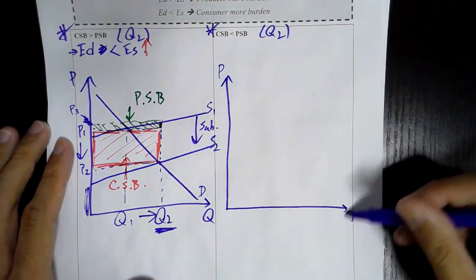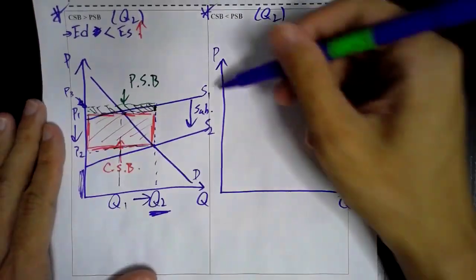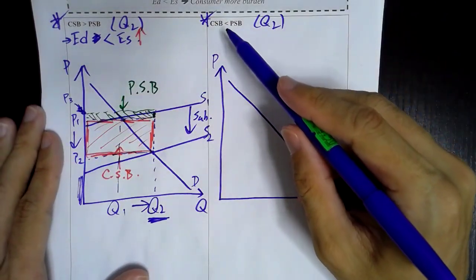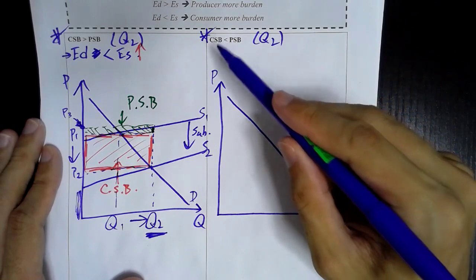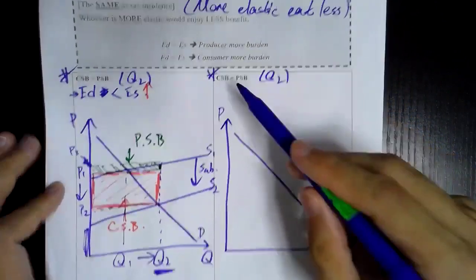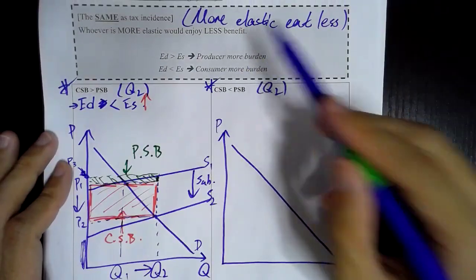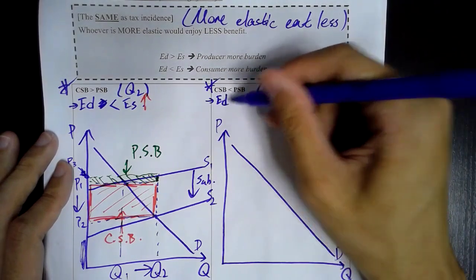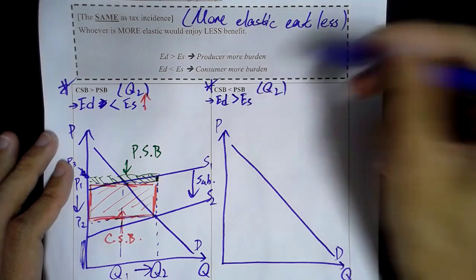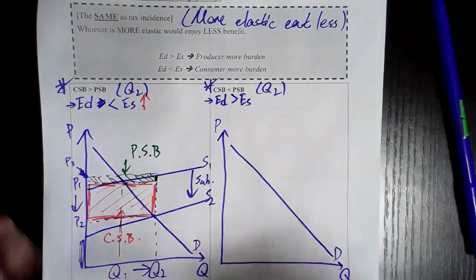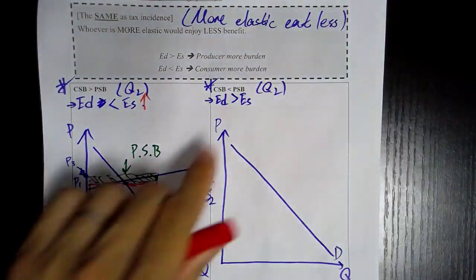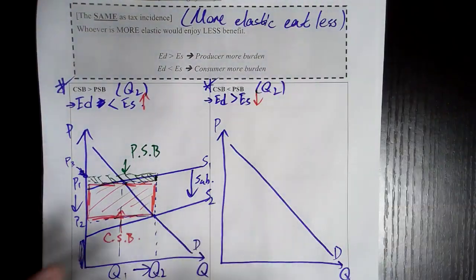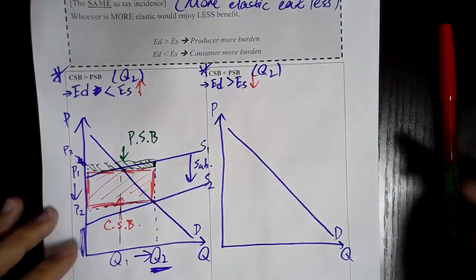We have a P and a Q, and again, no funny business with demand. If the consumer subsidy benefit needs to be lower, because more elastic eats less, then the consumer eats less. It means that ED should be larger than ES. So how do we make ES smaller than ED? We just need supply to be less elastic.